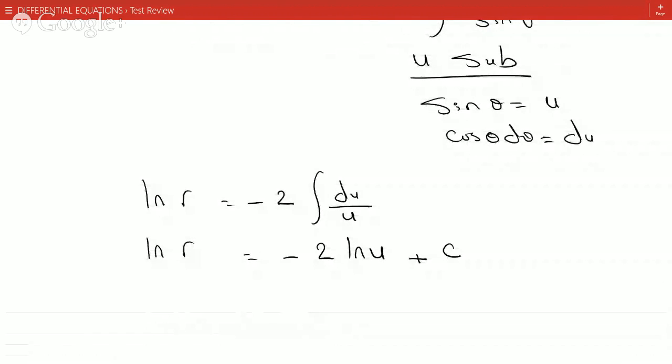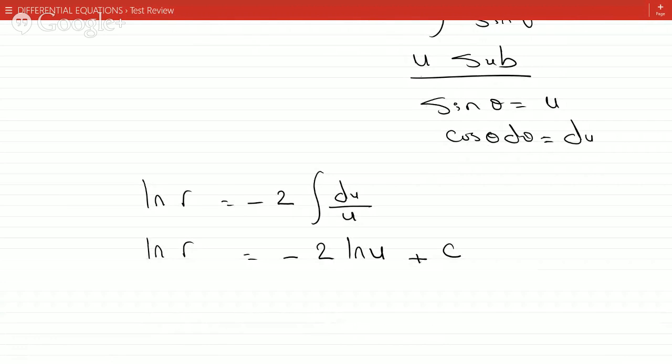Okay? So it means r would be. First, u is sine theta.